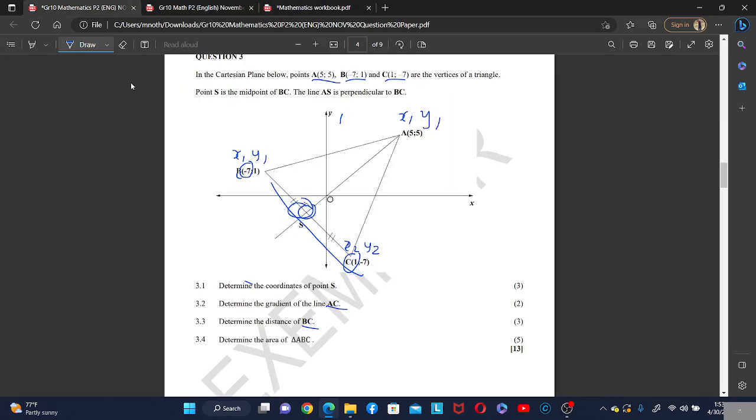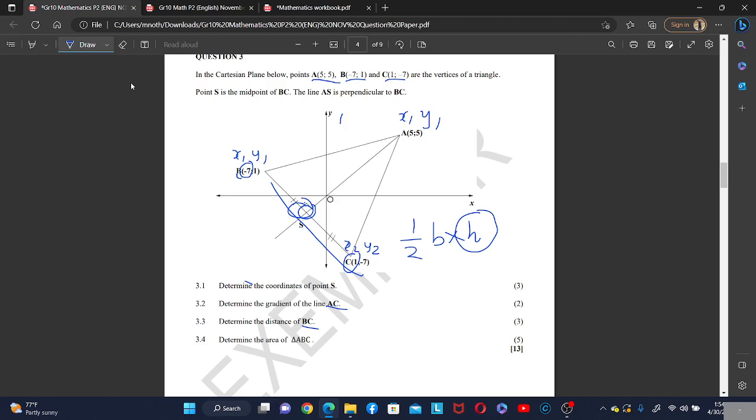Then 3.1.4, determine the area of triangle ABC. So we know that to calculate the area of a triangle, we say half base times height. And the height that we're talking about is a perpendicular height.